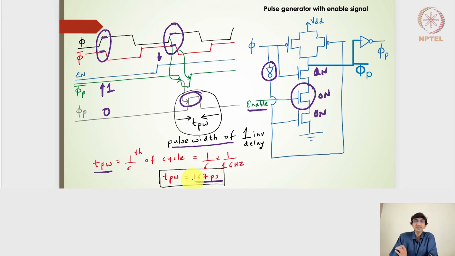What I had said earlier was a duty cycle of around 18 to 20%, so that is still valid. The maximum is 20% duty cycle. Here the pulse width of 1 by 6 turns out to be 16% or something like that. So generally we will have a pulse width of around 167 picoseconds for a clock frequency of 1 gigahertz, especially in a 65 nanometer technology node.